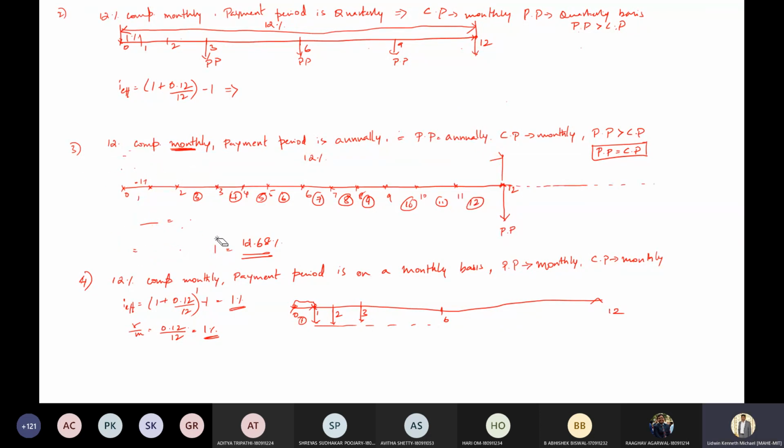N is on a quarterly basis. So what will be the N value over here?